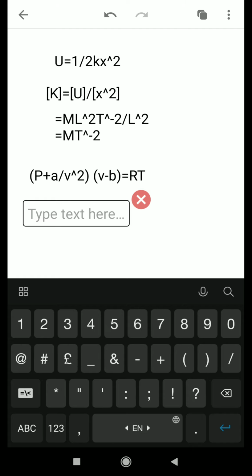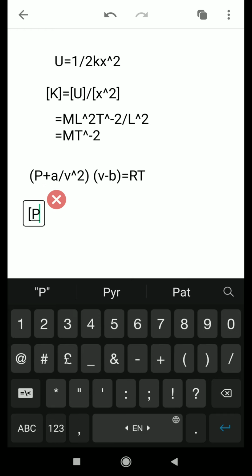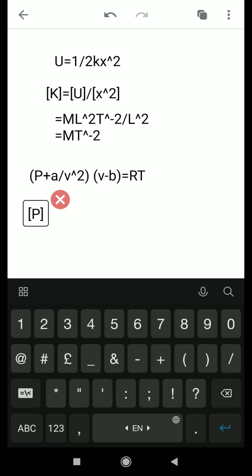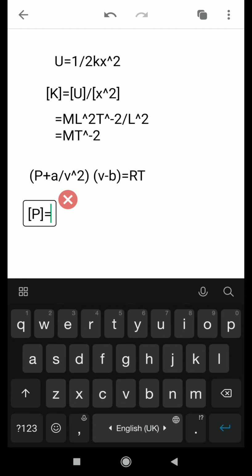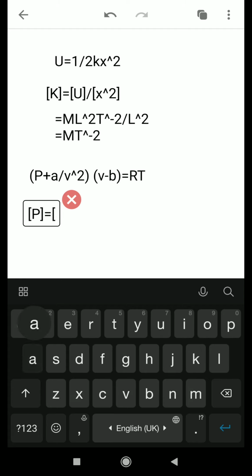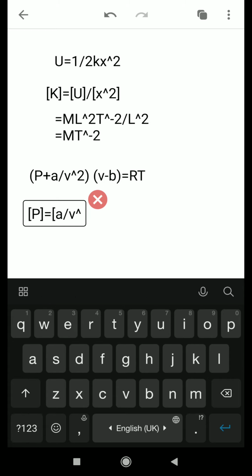So you can write here the dimension of P is equal to the dimension of a by V square.